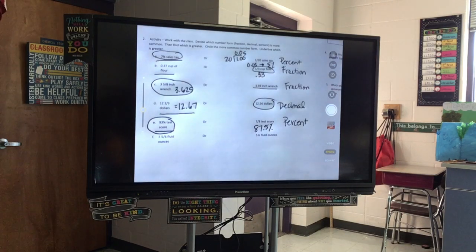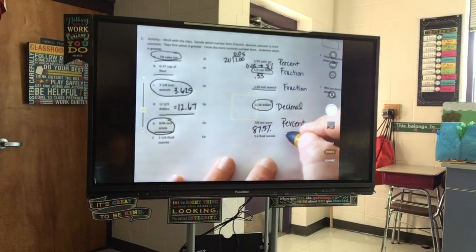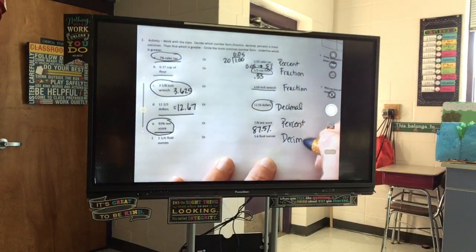Everything that you drink, bottles of water, cans of Coke, like my bottles over here are 16.9 fluid ounces or whatever. So yes, the decimal part of this is more common. So we're going to keep it as a decimal.